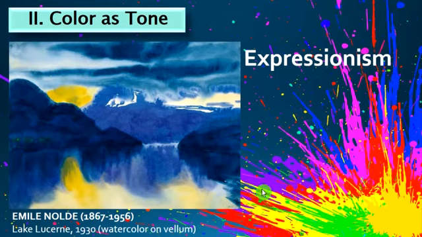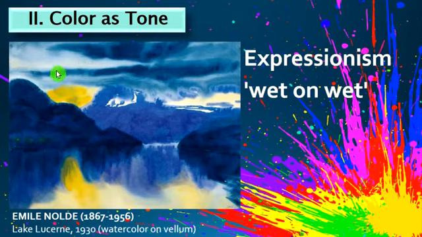He continues using what we call the wet-on-wet technique to form the ethereal layers of clouds and the watery reflection in the lake. Finally, he applies a spot of yellow, which blends over the damp surface to create the glow of the setting sun, which he then repeats on the lake as its reflection.